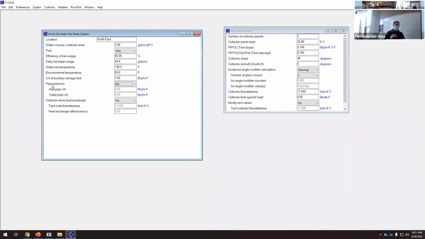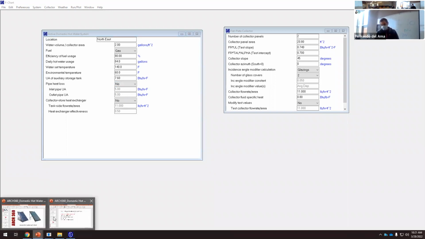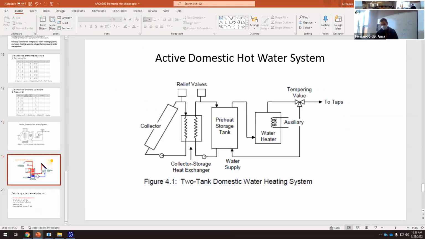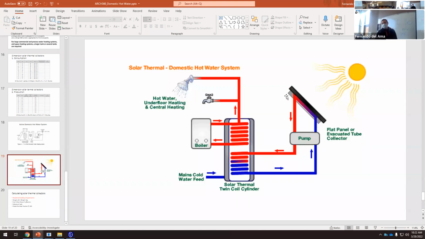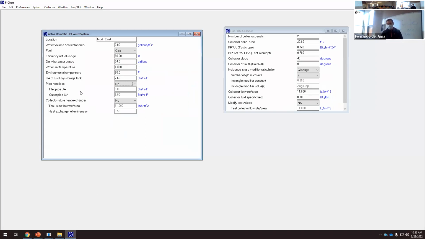If we are designing this system, and this is the roof, this is the house or the building roof, and the pipes immediately go indoors, we can assume that we don't have any heat losses.